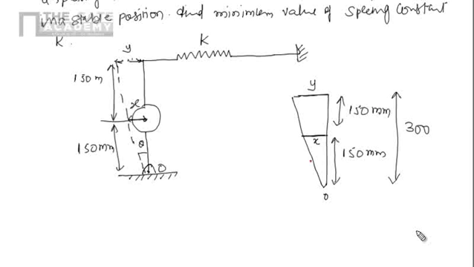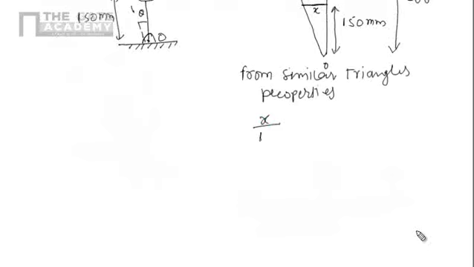So now we can easily see the relation between x and y by similar triangle property. So from similar triangle properties, I can write x by 150 equals to y by 300.